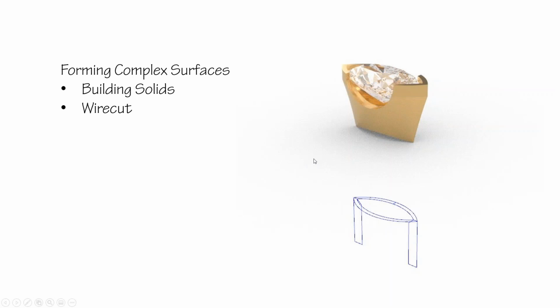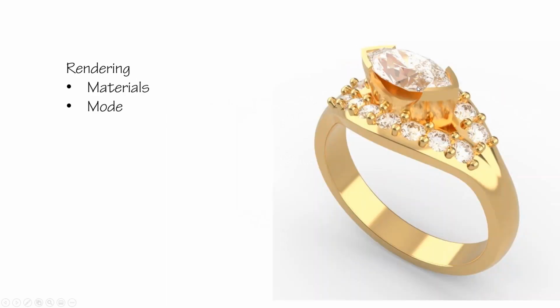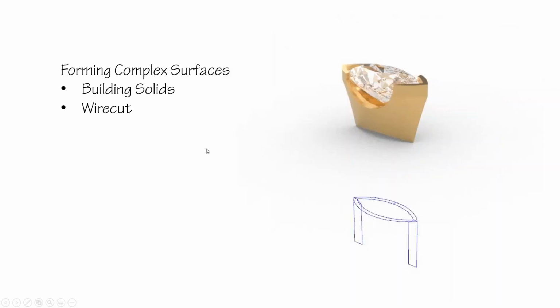We're going to talk about forming complex surfaces like the in tab sort of bezel, partial bezel I have here for the marquise shaped stone. We're going to be playing with that design. And matter of fact, oops, I didn't mean to go backwards, and let's see if I have a backward button. Yeah, I didn't mean to go forward yet.